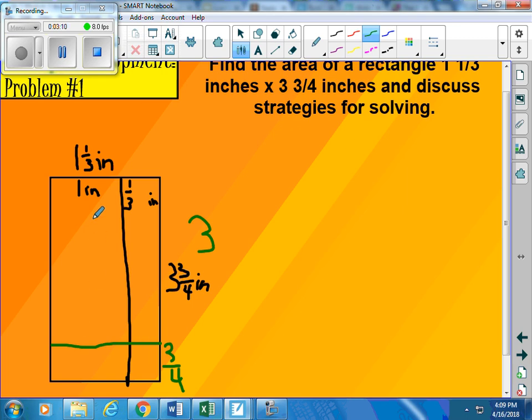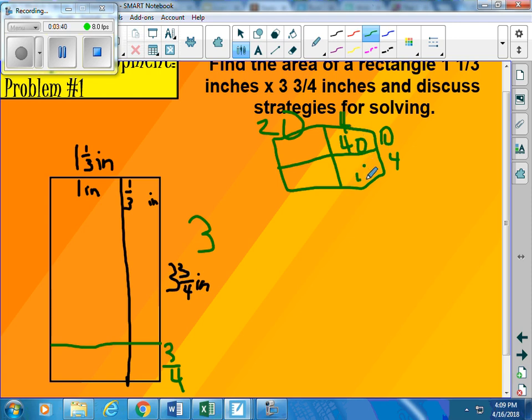So when I do that, this goes back to that multiplication that we used to do at the beginning of the year when we learned how to do multiple digit multiplication. And we would make that box that looked like this. Let's just say that I had 20 and 4, and I was multiplying that times 10 and 4. And I would solve each of those boxes and kind of add them together. Do you remember doing that at the beginning of the year?